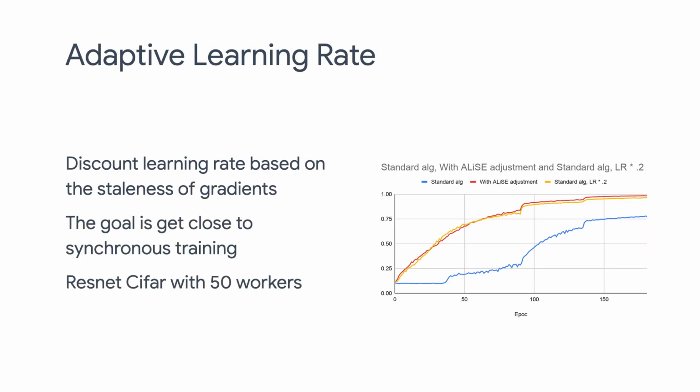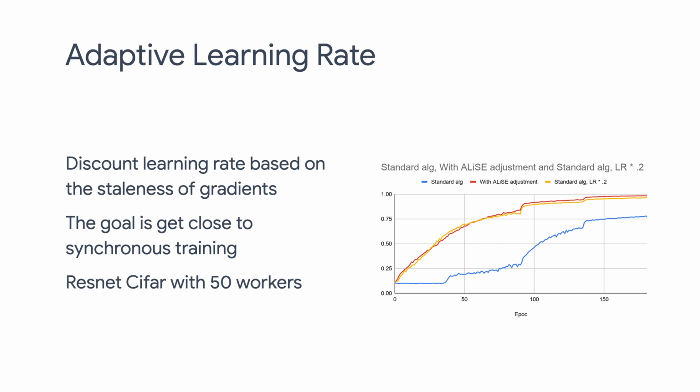One ongoing research that is worth mentioning in this talk is the adaptive learning rate method. The main idea is to discount learning rate based on the staleness of gradients, and the goal is to get close to synchronous training. This diagram shows some preliminary results on CIFAR with 50 workers.